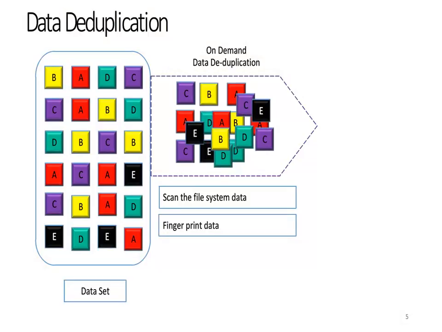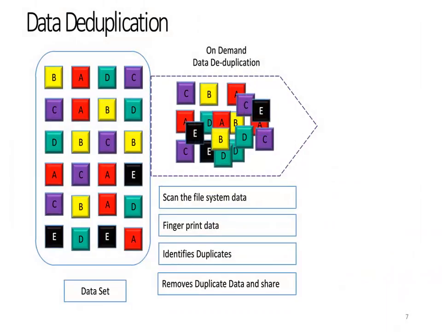As part of the second step, the file system will need to fingerprint the data and form the metadata for deduplication. Once we have the fingerprint, the next step is to identify duplicates which can be removed. Once the duplicates have been identified, next we remove all the duplicate data and have one copy that is shared by multiple files, thus saving space.